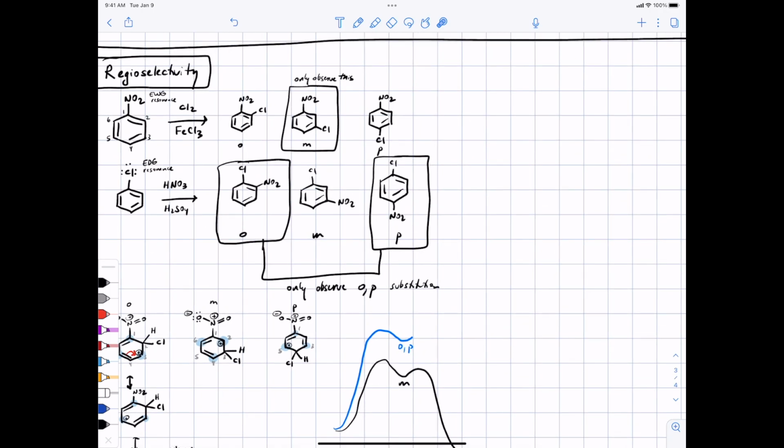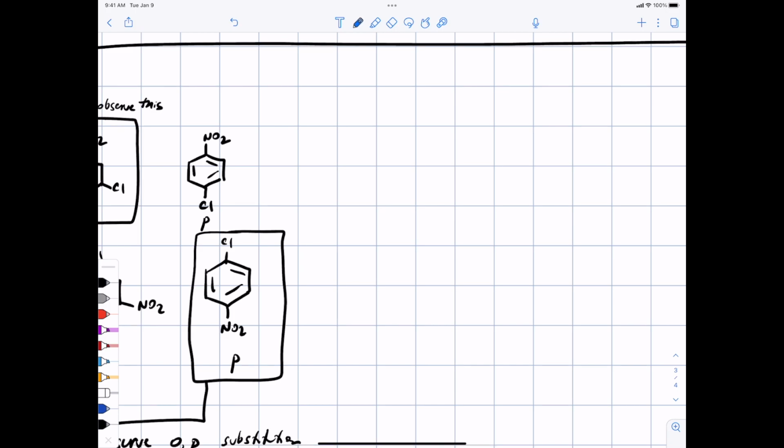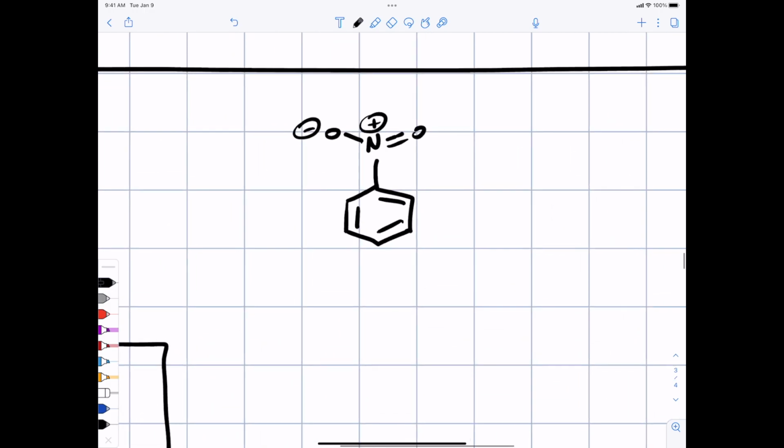There's a second way of understanding this, and that is to look at nitrobenzene itself, even before we make the carbocationic intermediate. Nitrobenzene has a characteristic that is common to all electron withdrawing groups via resonance: on the atom that's attached to the benzene ring, you have a pi bond to an electronegative heteroatom.